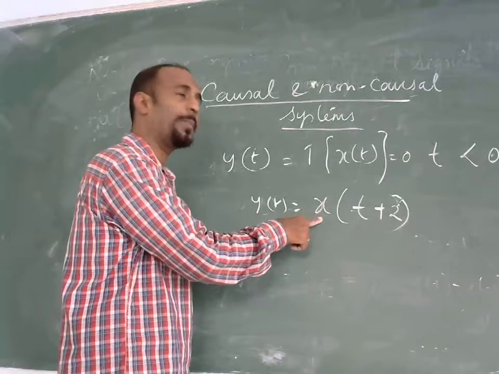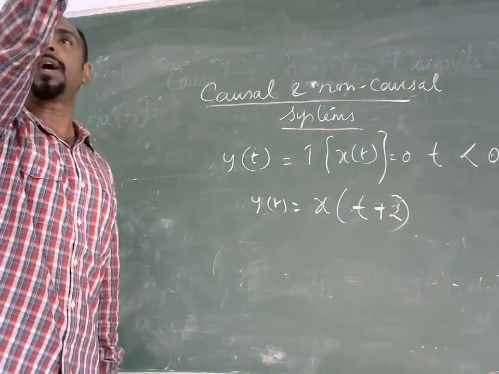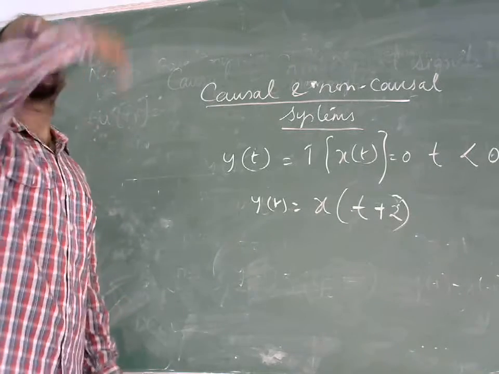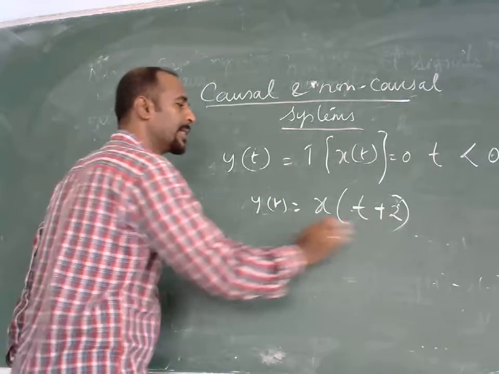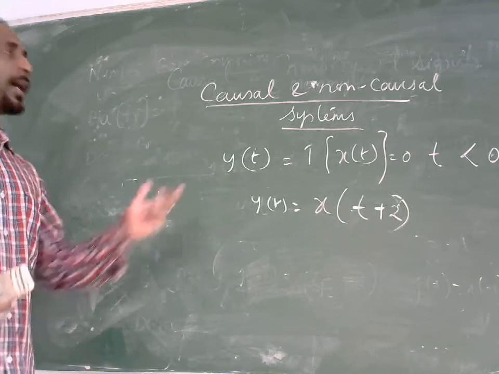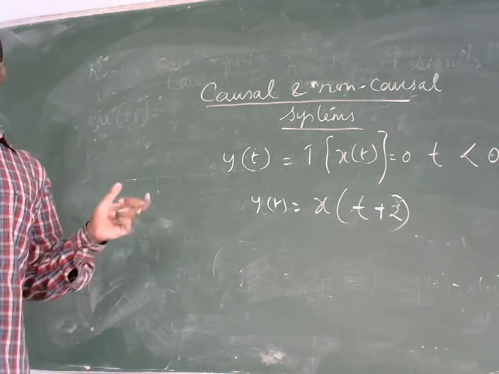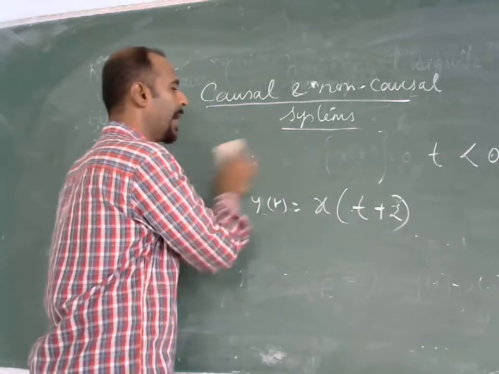But what is my input dependent upon? The input is x of 2, which is a future value. I am at 0, but we are talking of x of 2, which is a future value. So therefore, this is a non-causal system.